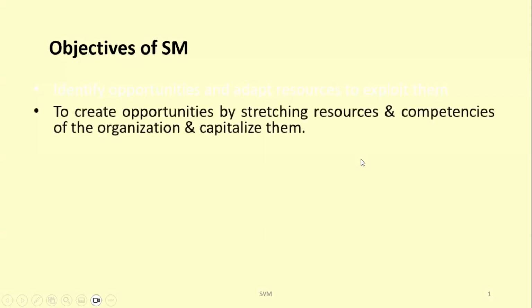The next one is to create opportunities by stretching resources and competencies of the organization and capitalize them. For this, we can consider the Google example, Google expanding into self-driving cars, leveraging its expertise in artificial intelligence and machine learning.